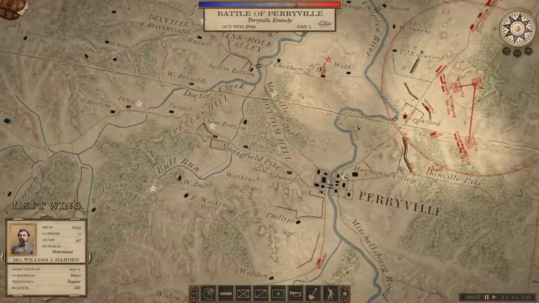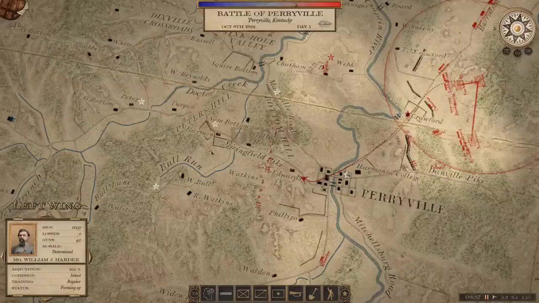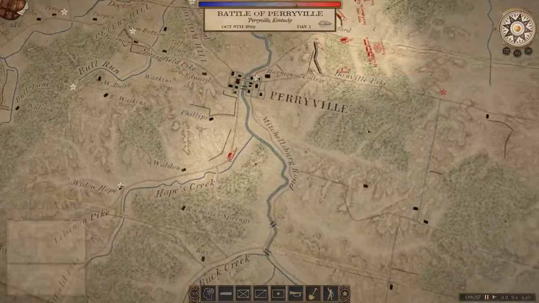So let's start pushing troops forward with Hardy's wing, minus the detached units, which are the reserve. Let's start pushing forward to Bottom Hill here.